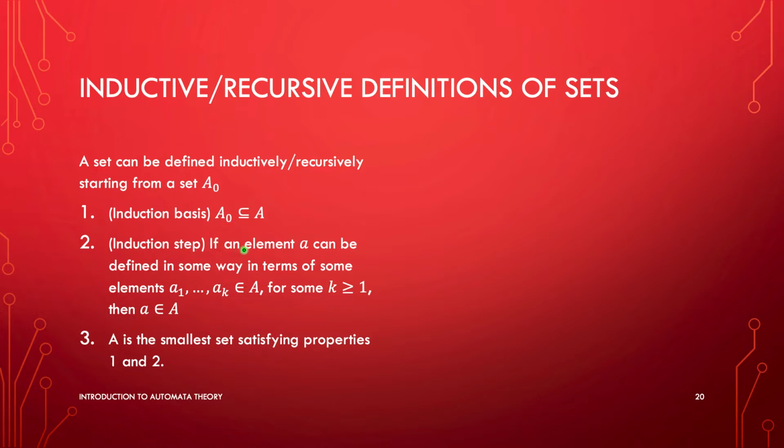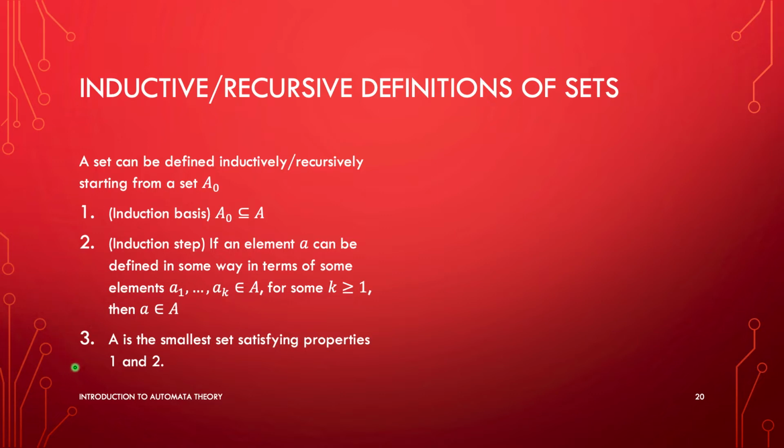It's going to say if an element A can be defined in some way in terms of some elements A1, ..., AK that already have been established to be from set A, then also the element that you are looking at is from set A. And this again looks pretty much like the induction principle, where we were establishing a property for a natural number in terms of the property having been established for some smaller values of that number.